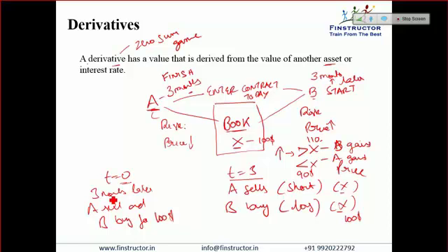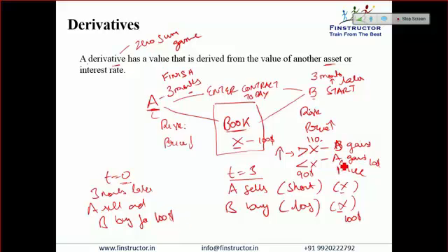So if the price is actually 90, then A would be selling for $100, whereas otherwise he would have only got 90 had he not entered the contract. So in this case, A gains $10 and simultaneously B loses because B could have bought for 90, but now because he has entered the contract, he has to buy for 100.